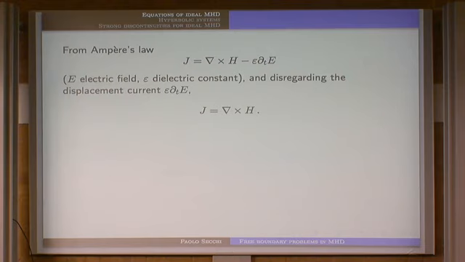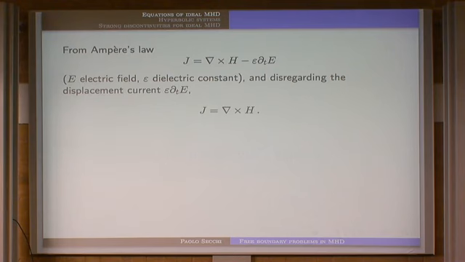The last term is the displacement current. This E is the electric field and epsilon the electric constant. We assume that this can be neglected because it is very small. So we have only that J is given by the curl of H.